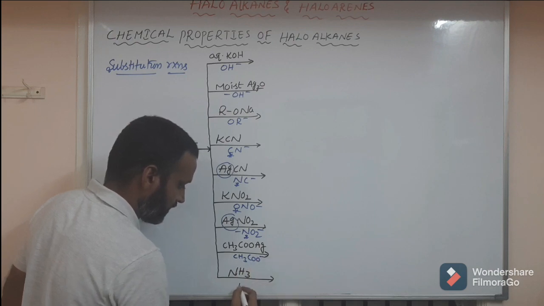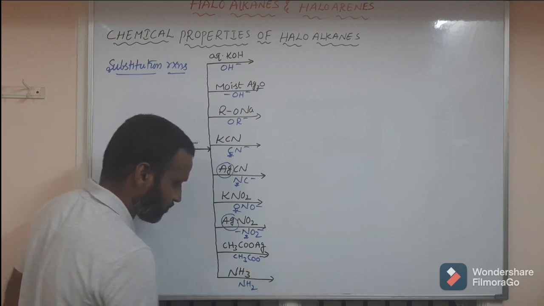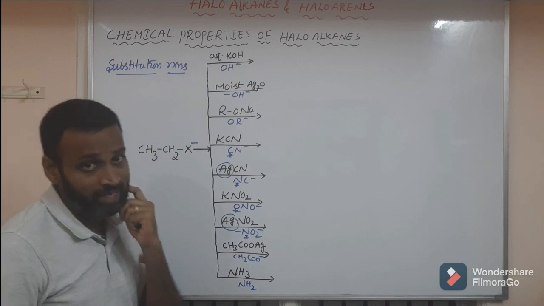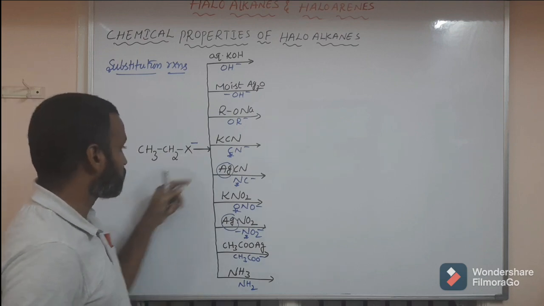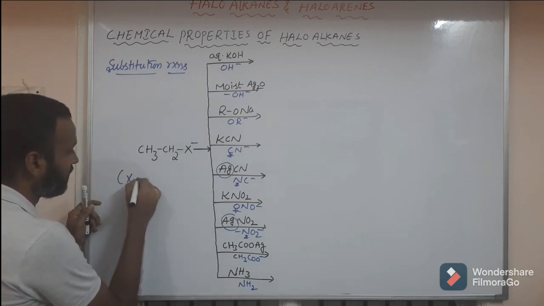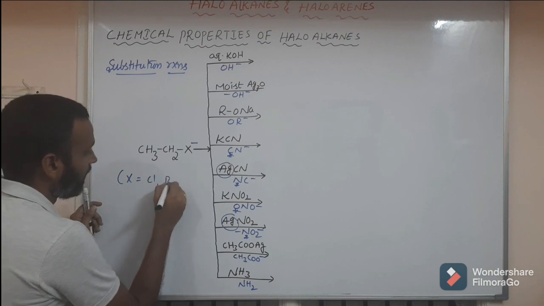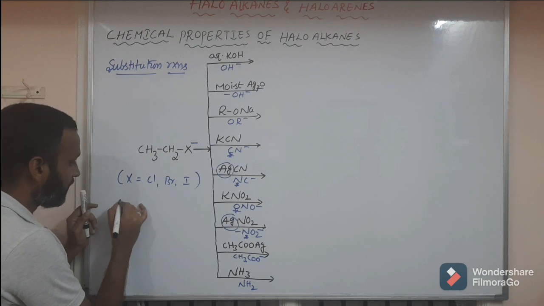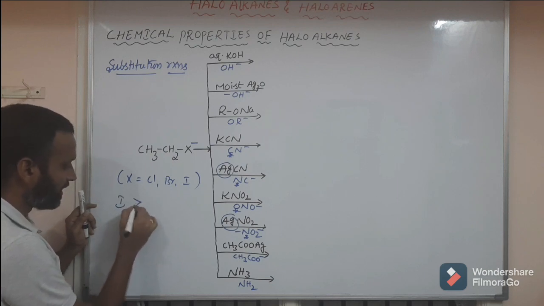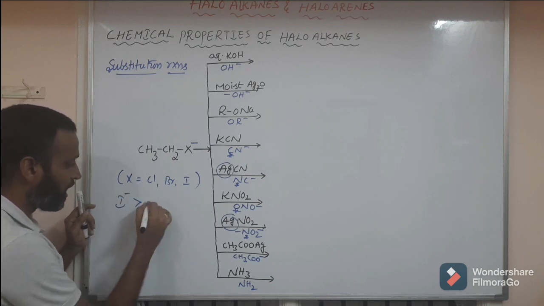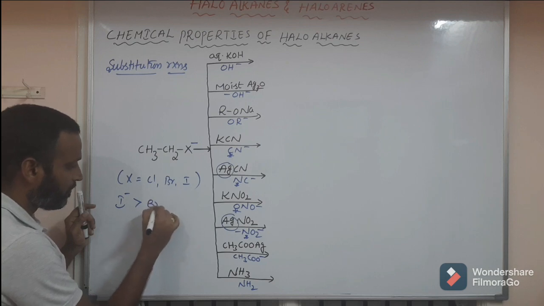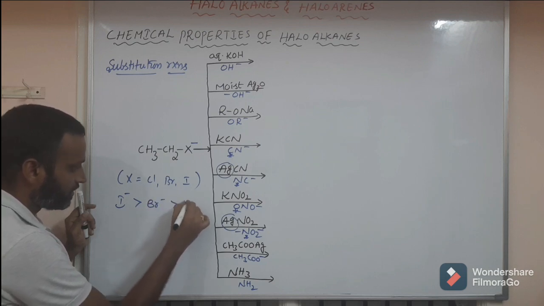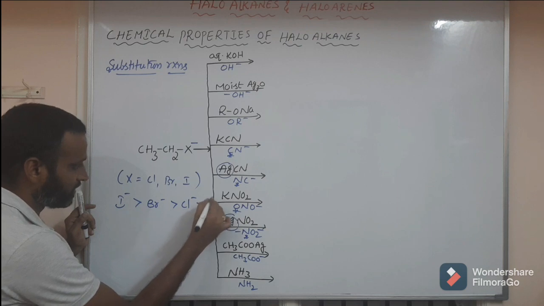And here you have CH3COO minus, and here the NH2 group. HCl will give H plus and X minus. So what is X here? X can be chlorine, bromine and iodine, of course fluorine also, but among them who can react fast? As I said, I minus is the best leaving group, then Br minus, then Cl minus, and the least is F minus.